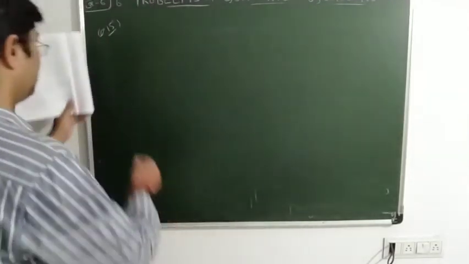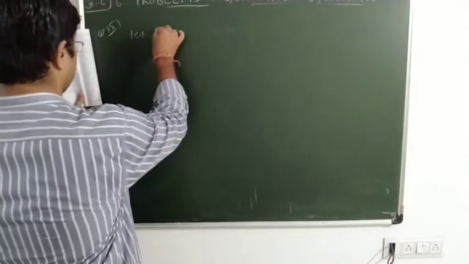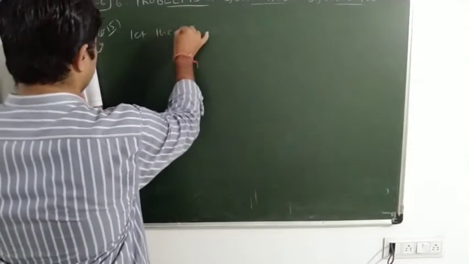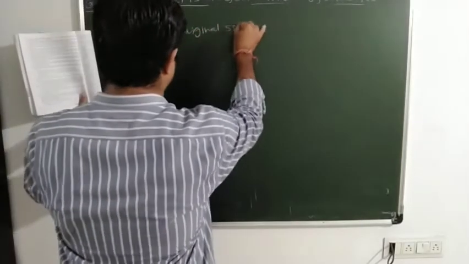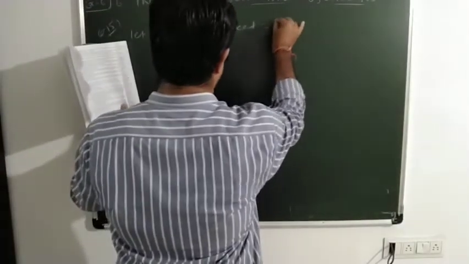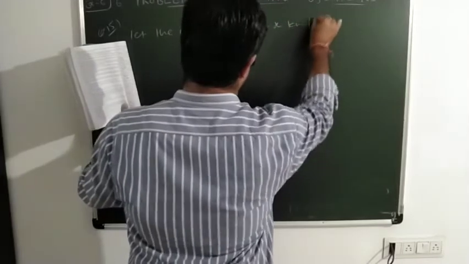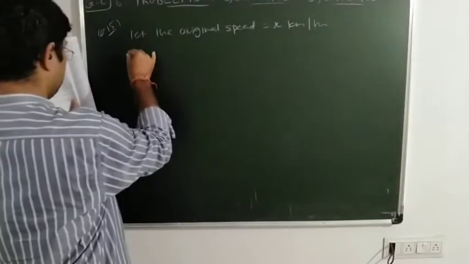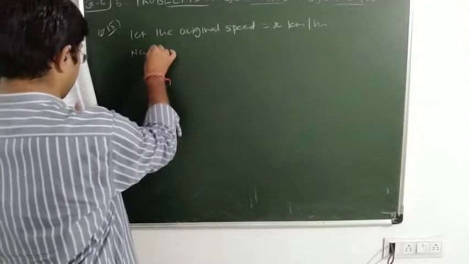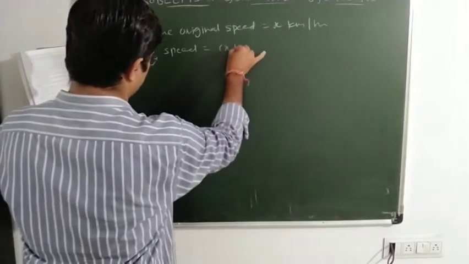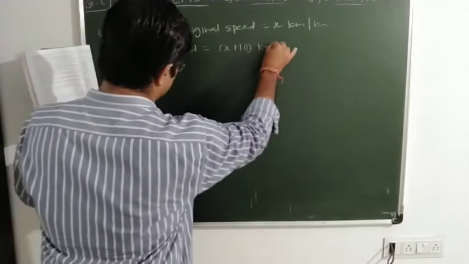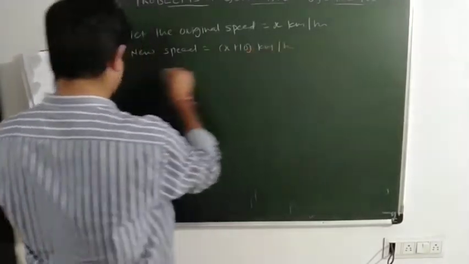Let us write down this first. Let the original speed be x km per hour. Now new speed after increasing 10 km per hour is x plus 10 km per hour.